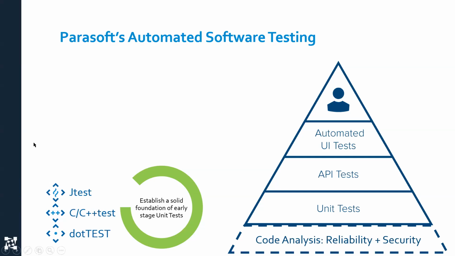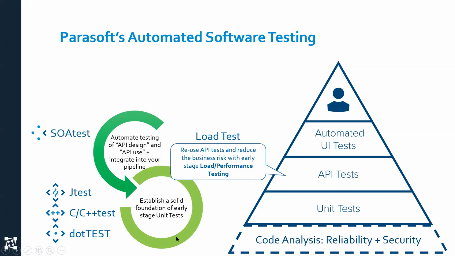This is where we've infused AI into the process of learning how the development teams work and using that learning to drive higher levels of code coverage, as well as drive improvements around the use of static code analysis within your DevSecOps pipelines. As you move up the pyramid, this is where we started to talk about Parasoft SOA Test.